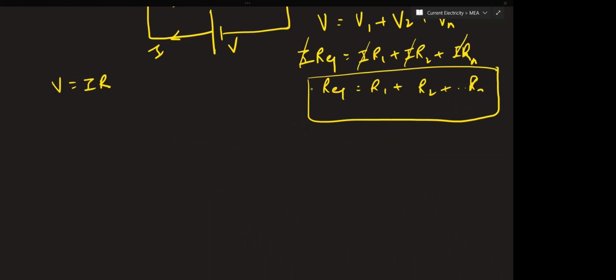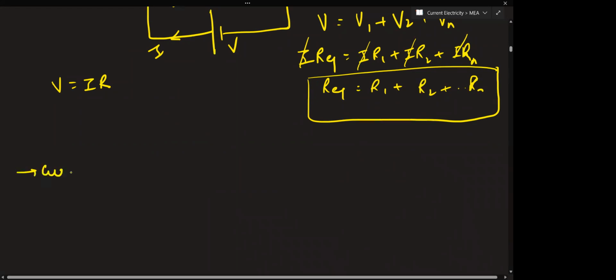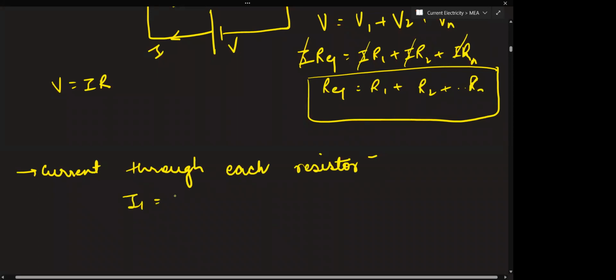Now, if you have to find current through each resistor, I1 will be equal to I2 will be equal to In, which is V divided by R equivalent. Means whatever is the voltage of the circuit, just divided by the R equivalent that you are getting from here.